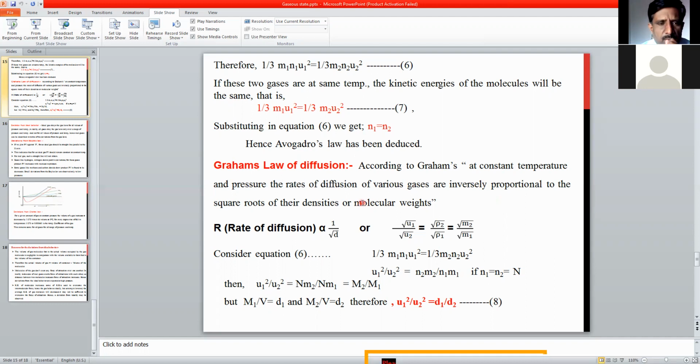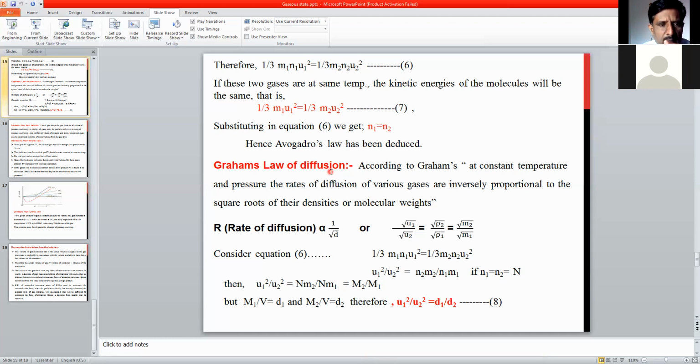Now, friends, we move to another very important law for the gaseous state, that is Graham's law of diffusion. Each and every gas will diffuse at a certain temperature. The rate of diffusion is dependent upon various factors.